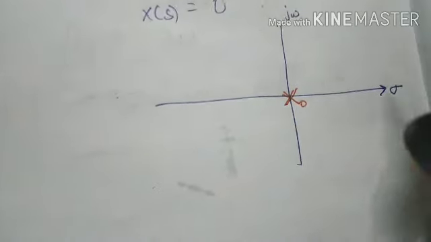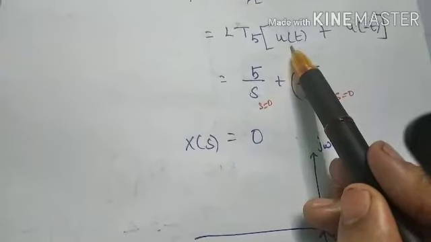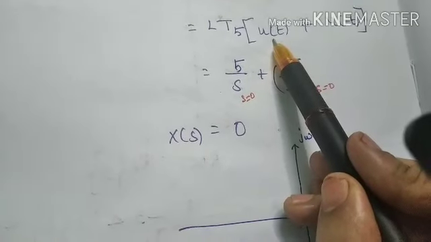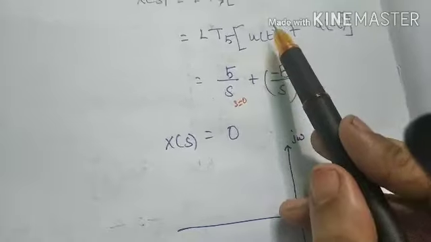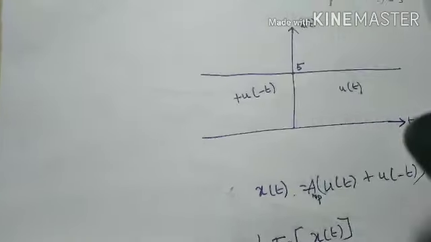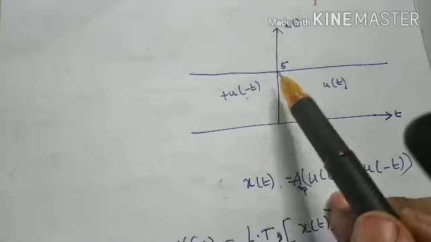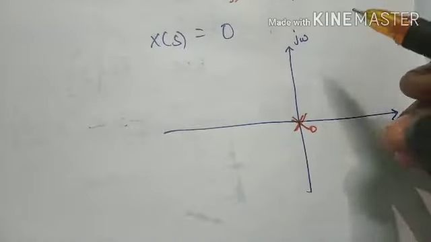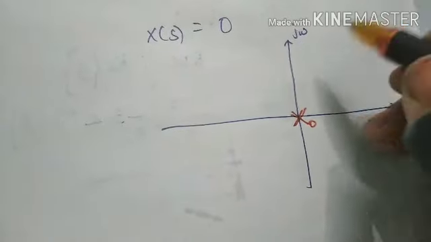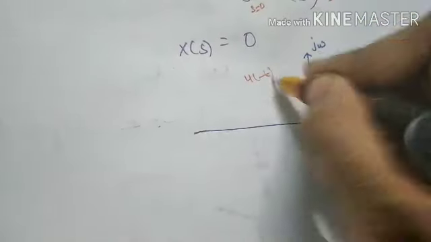Now see, here we are having u of t. Whether u of t is a right sided signal or left sided signal, u of t is the right sided signal. U of minus t is the left sided signal. So u of t over here, u of minus t over here.